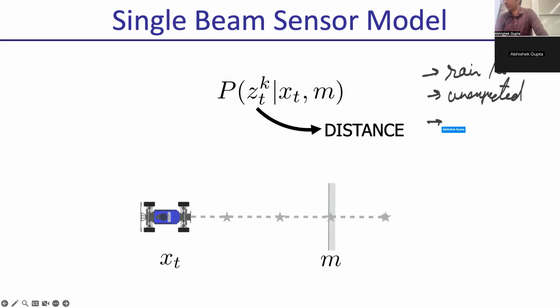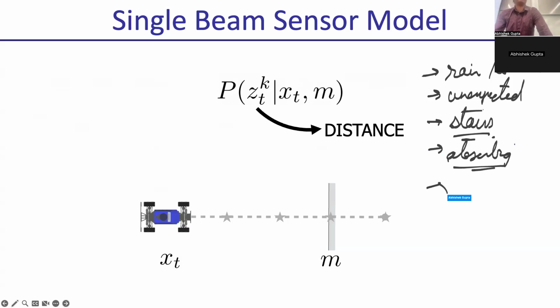Stairs, you said? Okay, got it. You're saying it kind of bounces off the stairs and goes somewhere else. Could have absorbing material, right? You could have just sensor failure, like this LiDAR just conks out every once in a while, right?